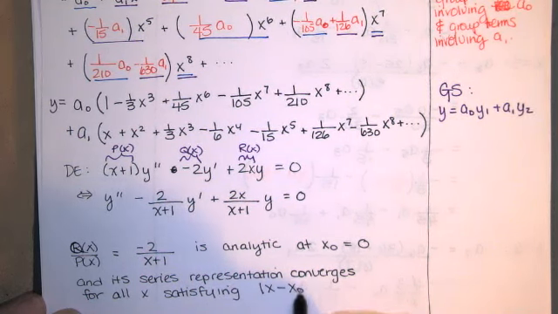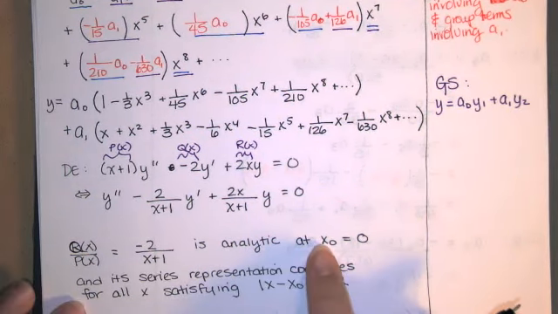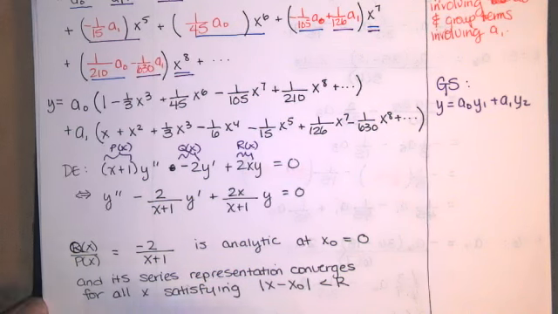The absolute value of x minus x naught is less than r, where x naught is the center of the series, and in our case, x naught was 0.